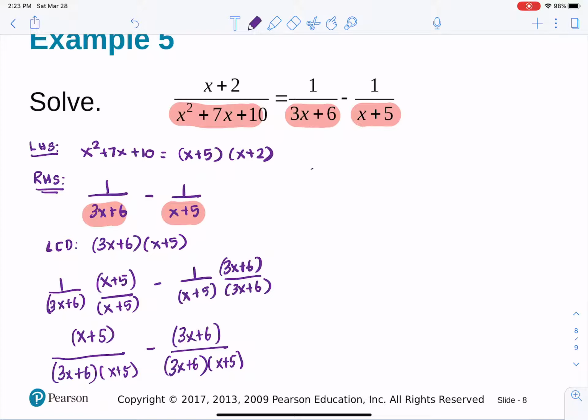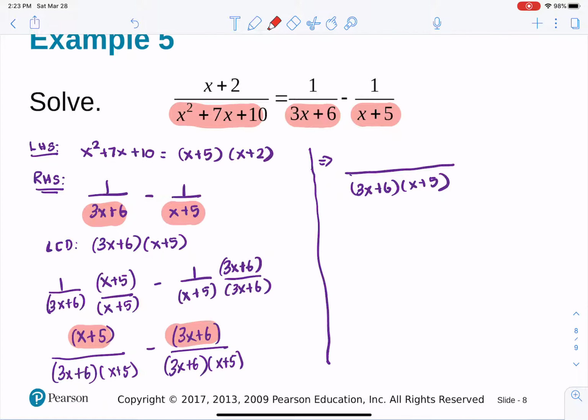That would imply we have a common denominator on the right-hand side. Oh, it is the right-hand side, I'm sorry. So the common denominator is 3x plus 6 times x plus 5. So combine the numerators.